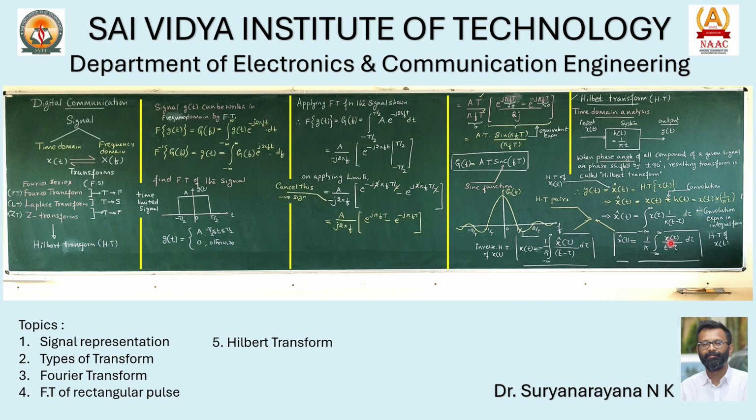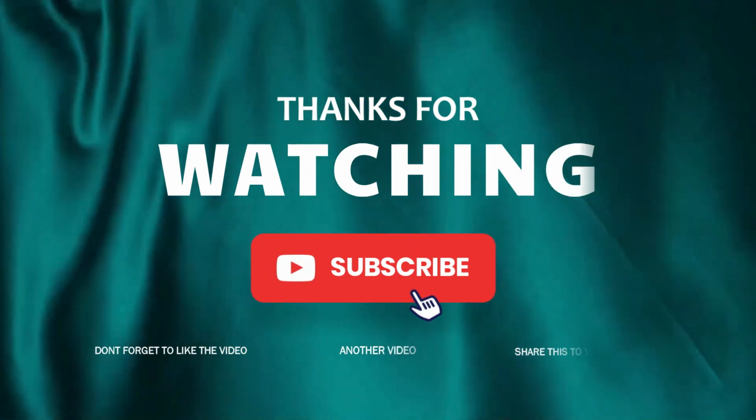So these two equations are called Hilbert transform pairs. In the next subsequent sections, we will study frequency domain analysis of Hilbert transform, followed by properties of Hilbert transform and some problems on Hilbert transform.